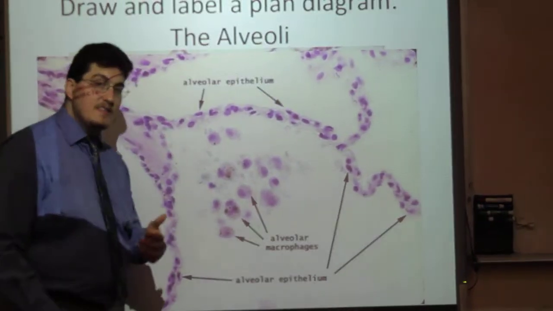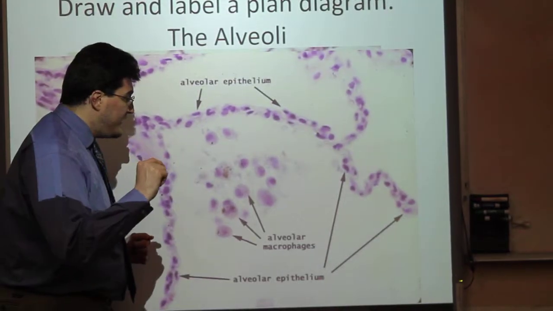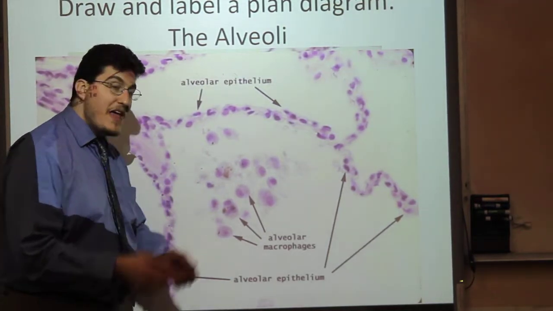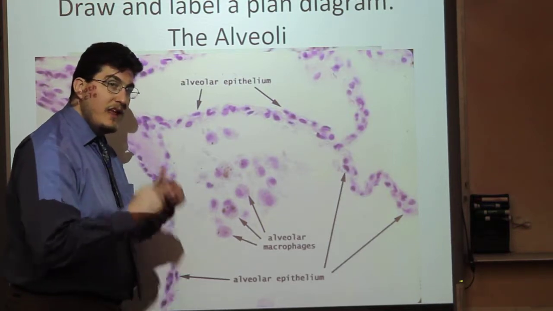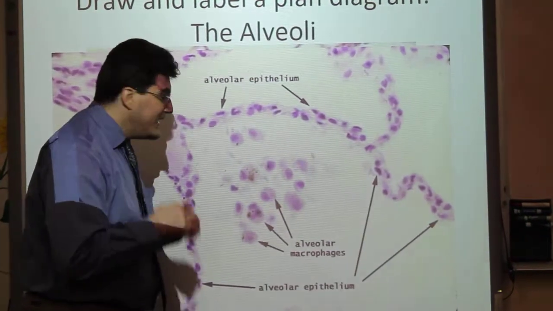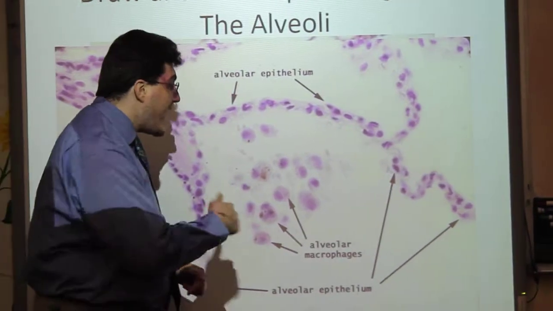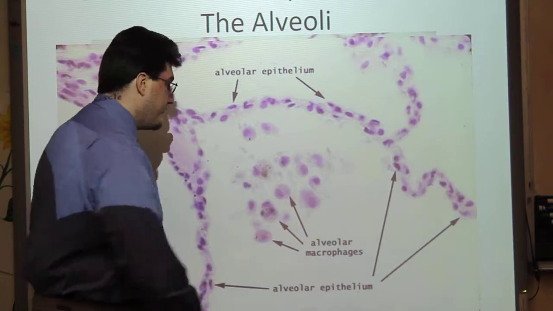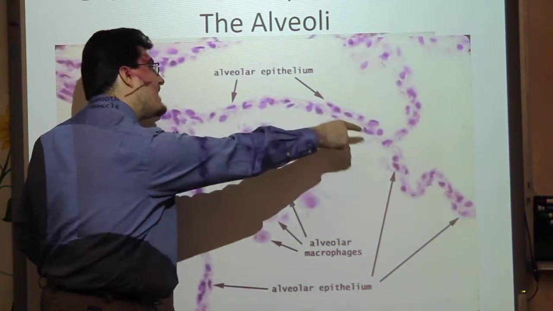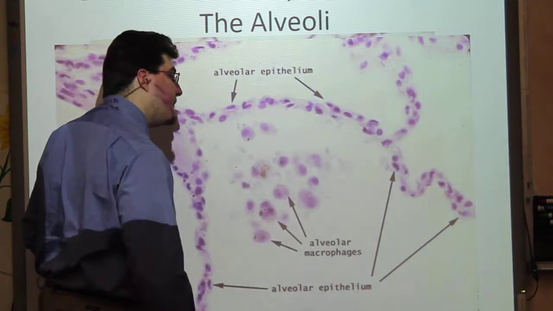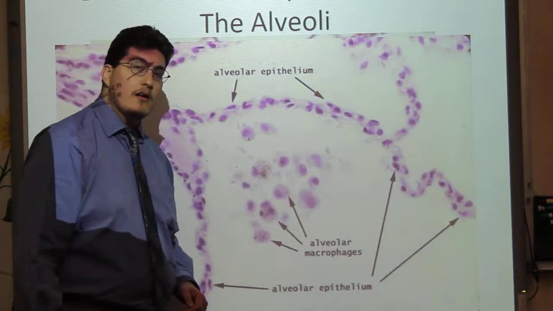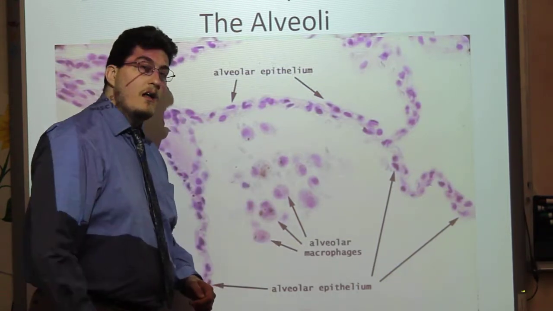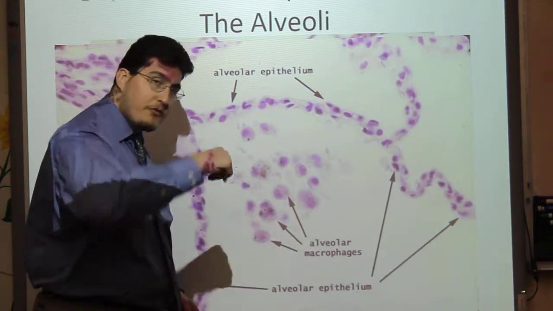I'm going to call them dust cells in the alveolar space because they're no longer in the blood. They used to be monocytes. Then they migrated out of the blood into a tissue space, and now they are alveolar macrophages, also called dust cells. All right? I see a better image now of this flattened squamous epithelium. I'm not seeing any cilia here. So I'm seeing these dust cells instead eating up the debris that my cilia couldn't catch before it got here.